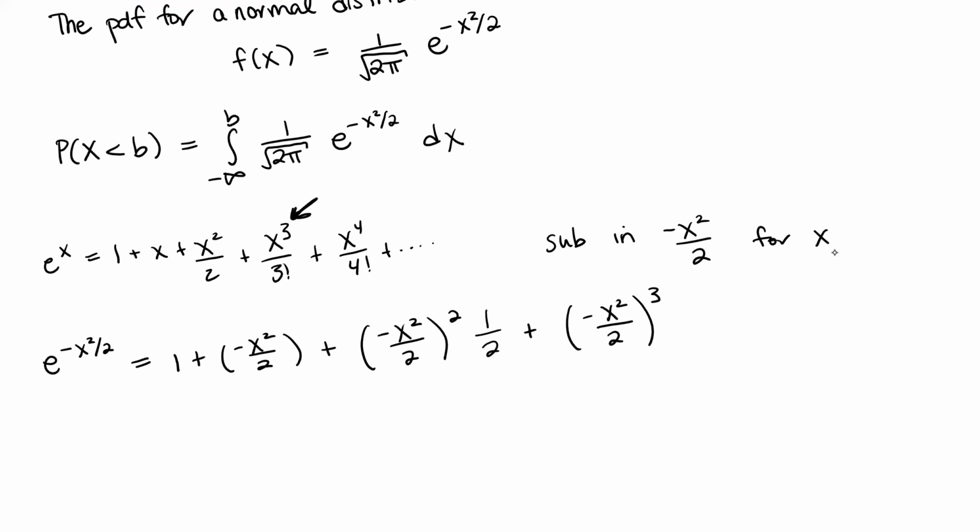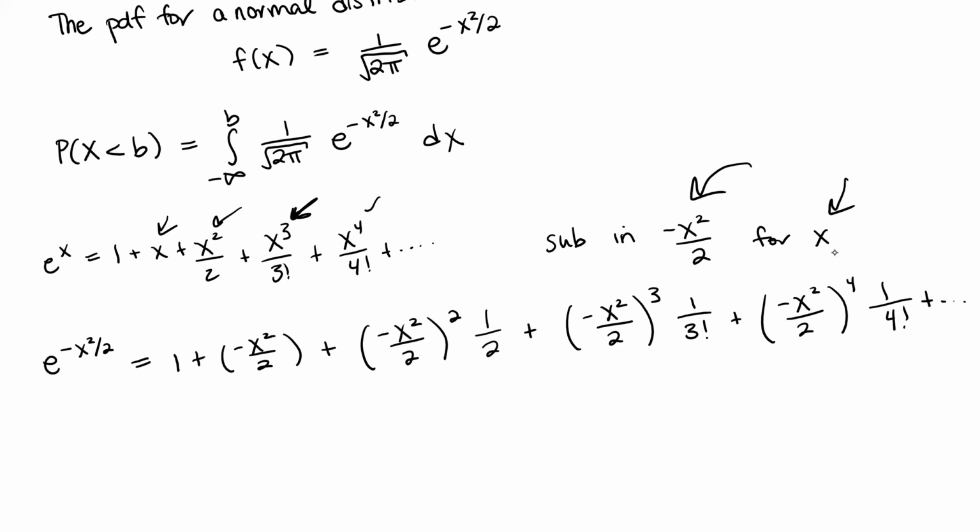And then we have times 1 over 3 factorial. And then we've got negative x squared over 2 to the 4th power. And we're multiplying that by 1 over 4 factorial, and so on. Okay, so here we've just simply substituted in negative x squared over 2 wherever we saw an x in this Taylor series here. Now let's clean that up a little bit.